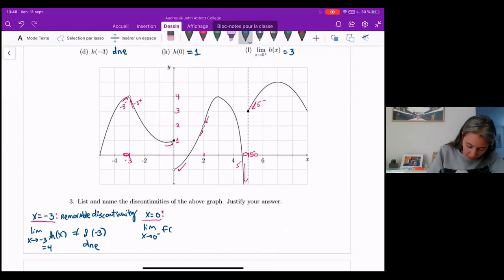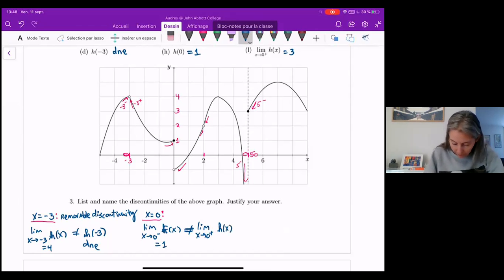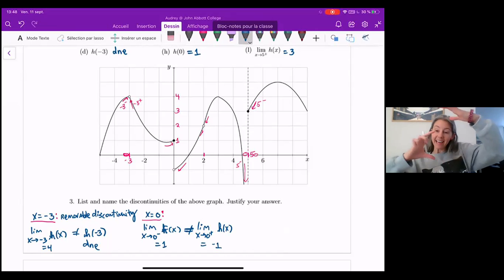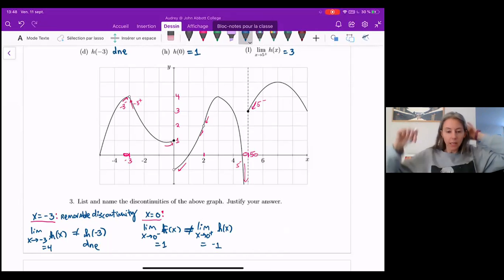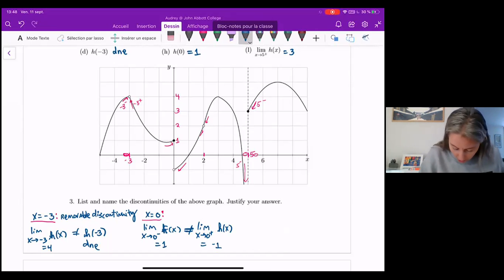So the limit as x approaches 0 of h of x, as we approach from the left, we saw it was equal to 1. Which does not equal the value we get when we approach from the right, which we said was equal to -1. So when we have that gap in between them, we're going to one place and then starting out from a different place, we call that a jump discontinuity. So this is our jump discontinuity.